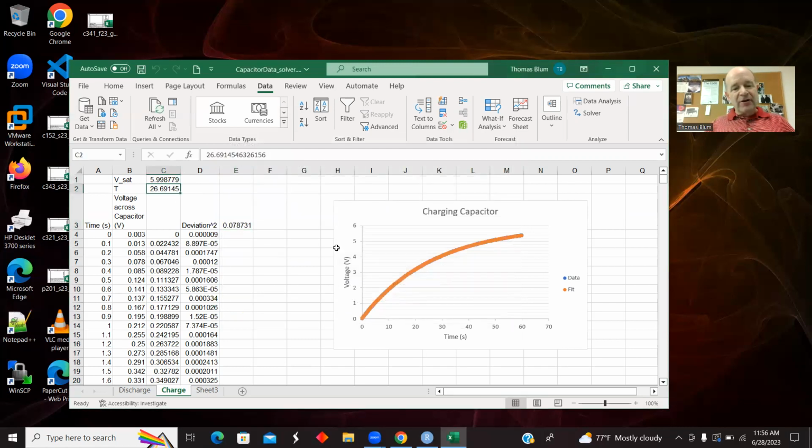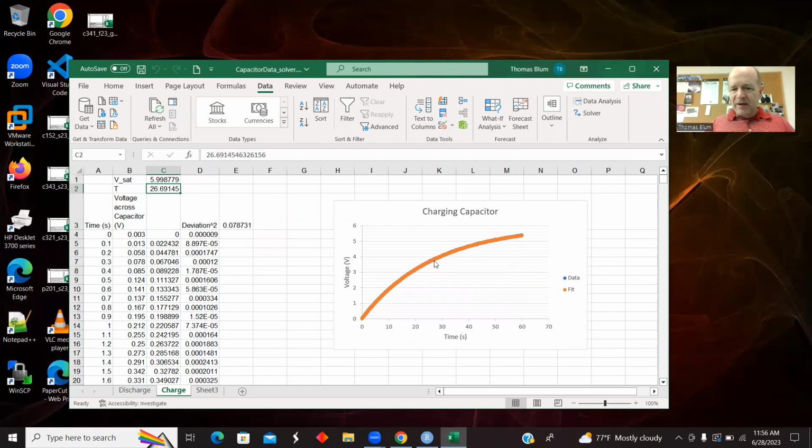And so there are the values it picked. And here is now, you can barely even see the blue. The orange fit fits the data so well that it falls on top of it. And we could make it thinner. We could play games with the way we're presenting this image.